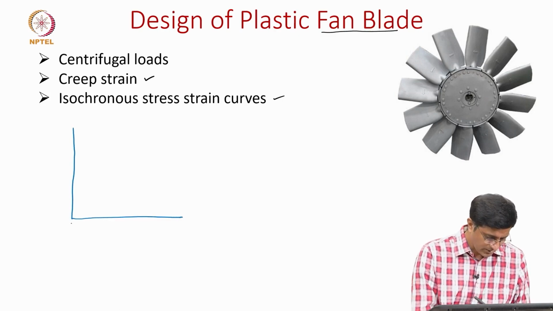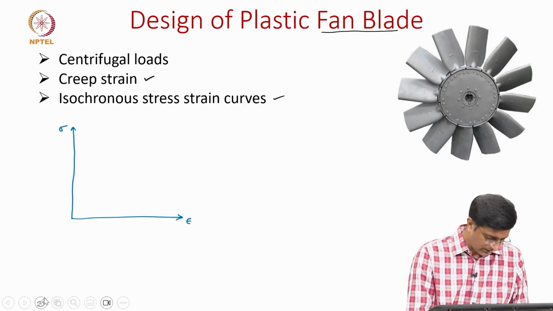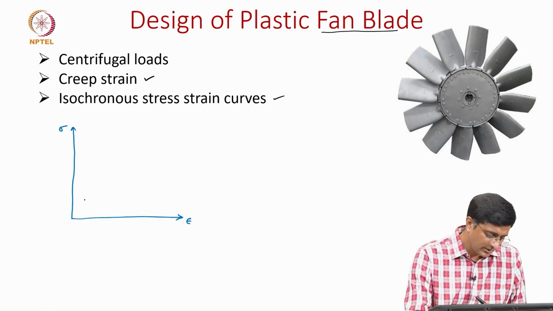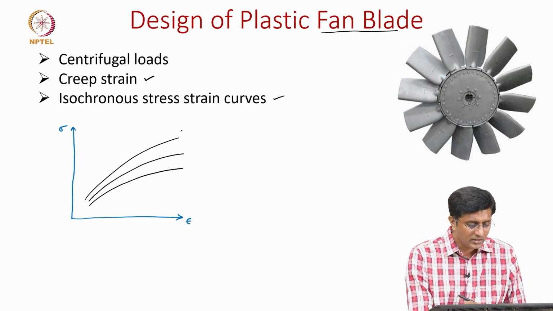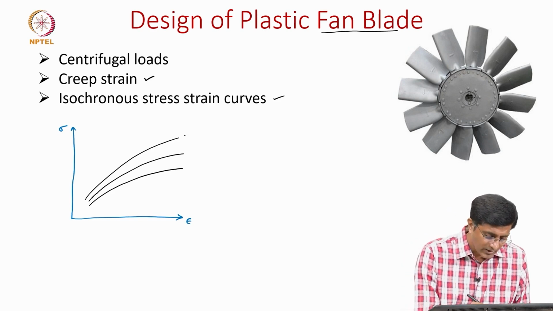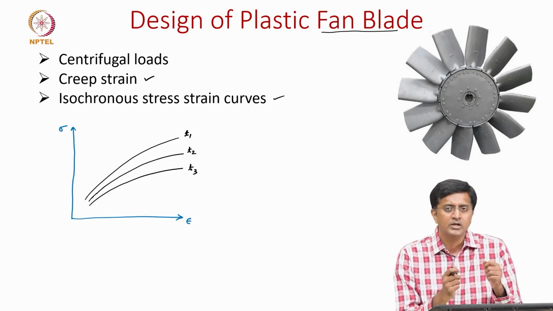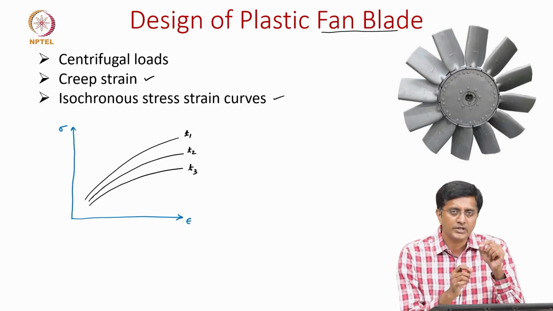Let us say we have these stress versus strain plots, and now we will look at constant times. Let us say this is how usually these curves look like. These are the curves for a standard time, let us say time t1, t2, t3. What it means is, once you do a creep test, if you wait at time t1 and see what is the response, accordingly you will have a corresponding stress and strain.